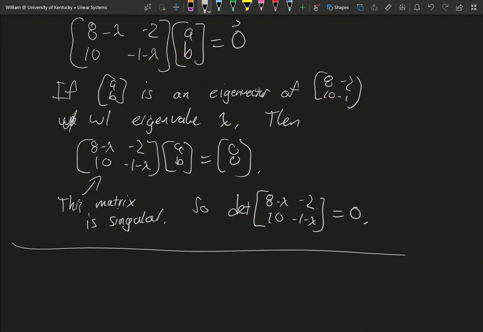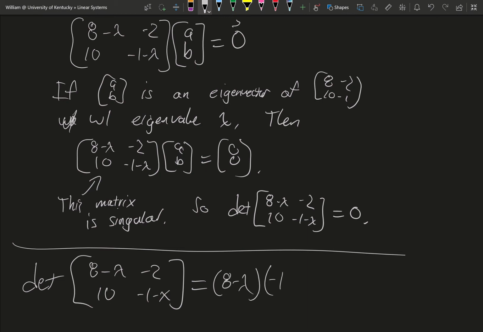So now let's go ahead and compute that determinant. So 8 minus lambda times negative 1 minus lambda, minus negative 2 times 10.